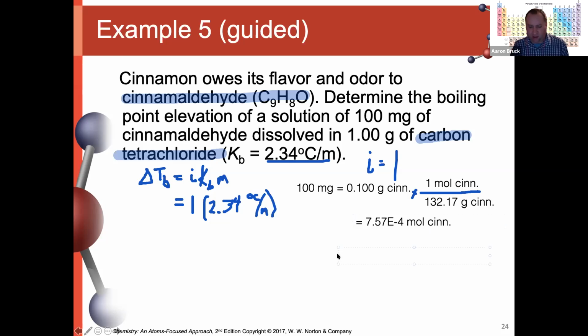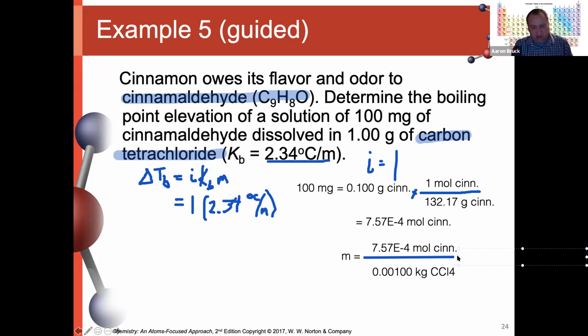Now, molality is equal to moles per kilogram. So I've got my 7.57 times 10 to the negative 4th moles of cinnamaldehyde, and my 1 gram is 0.001 kilograms of carbon tetrachloride.